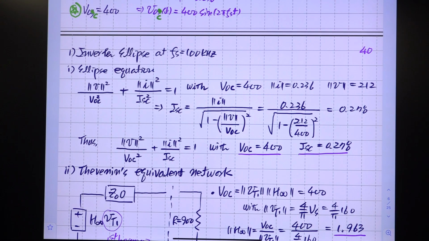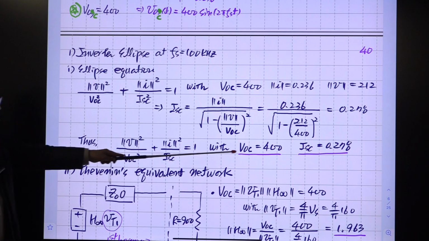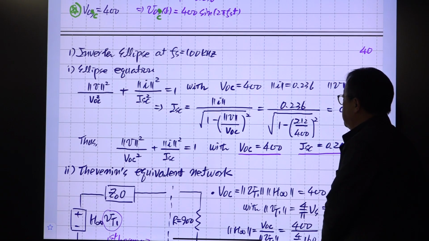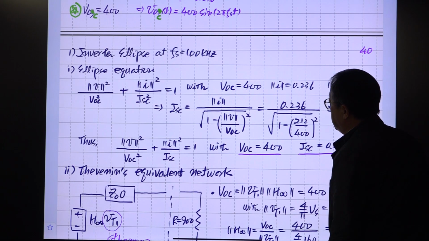So we have 4 variables, all known. Then we have the ellipse equation. This VOC, open circuit voltage, is 400, and ISC, short circuit current, is 0.278 A. Okay. So this is the ellipse equation.